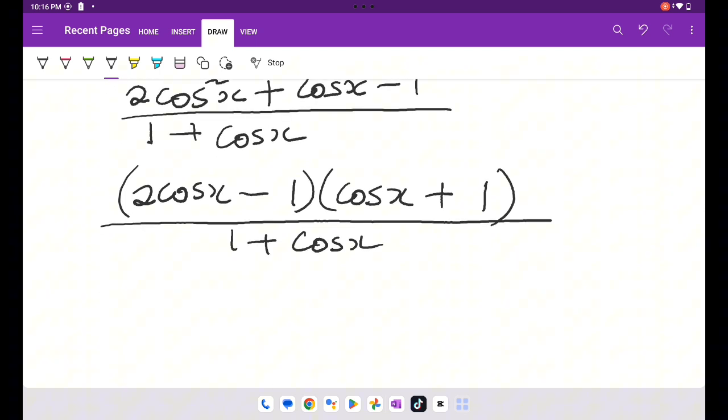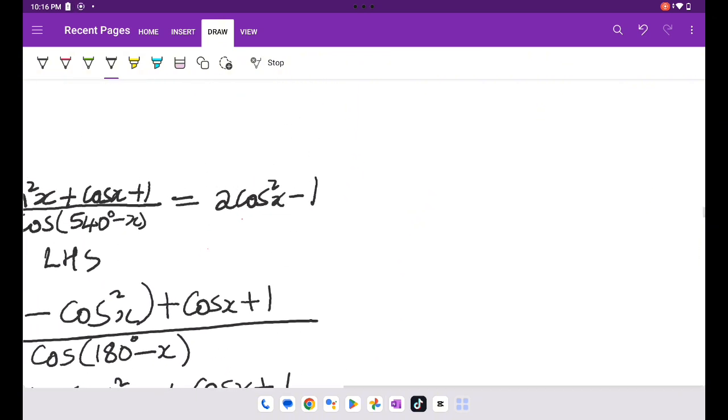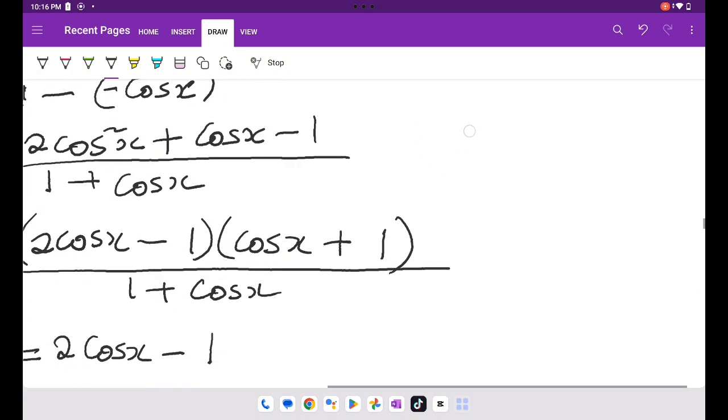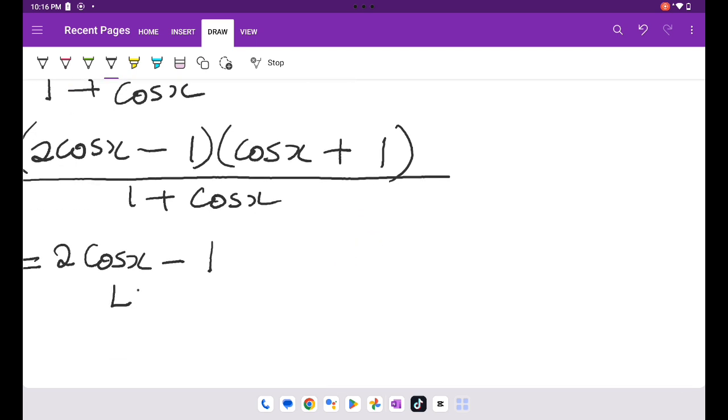Now the 1 plus cos x will cancel out the cos x plus 1, it's the same thing. We are left with 2 cos x minus 1, which is what we wanted to prove. So that concludes our proof: the left hand side equals the right hand side.